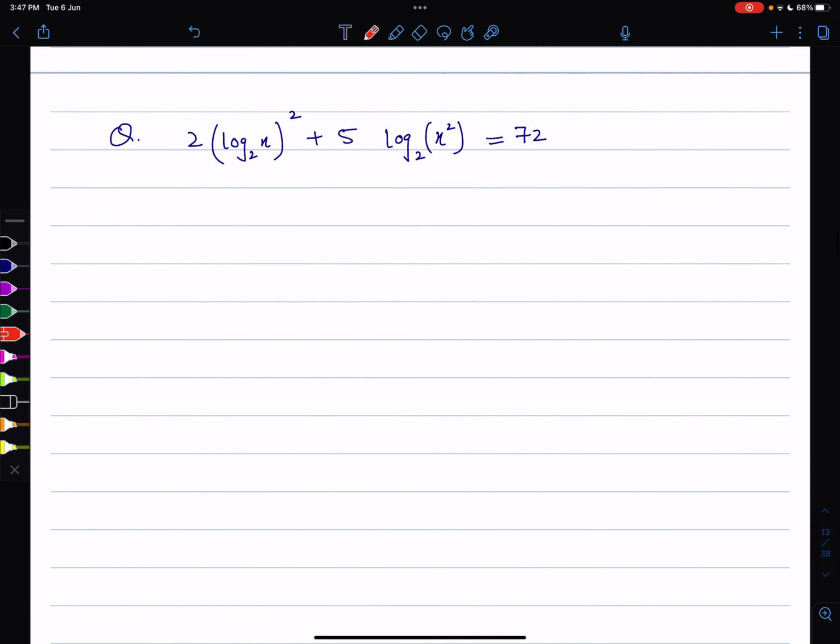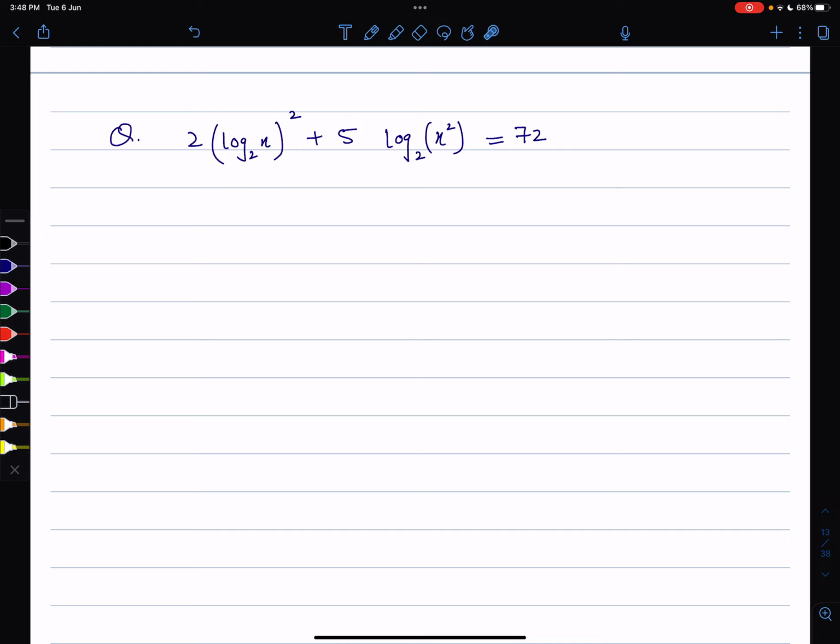Okay, let's consider another example. 2 times (log base 2 of x) squared plus 5 log base 2 of x squared equals 72. What we can do over here is substitute log base 2 of x for any variable, and this is going to help us reduce down our complex equation.